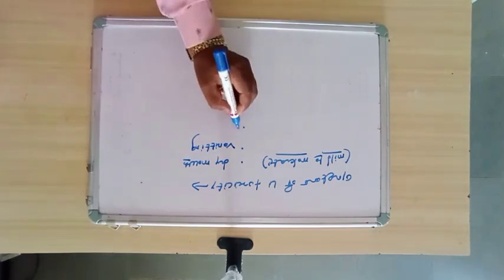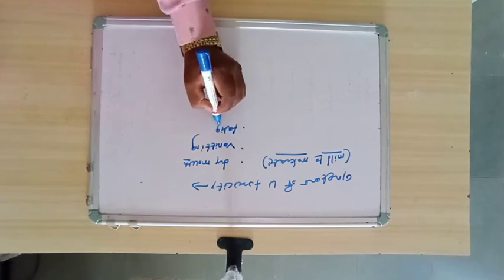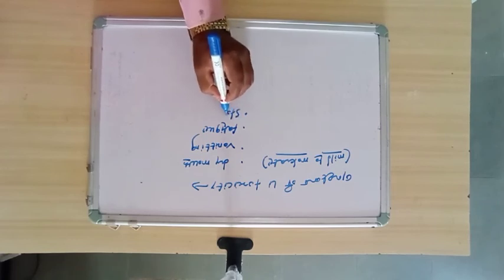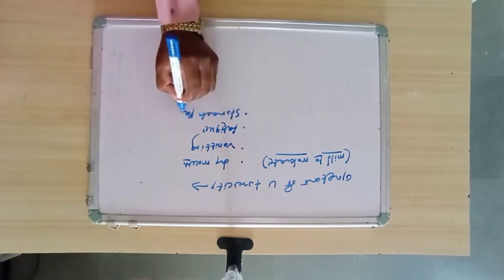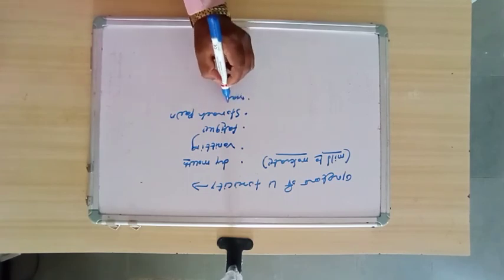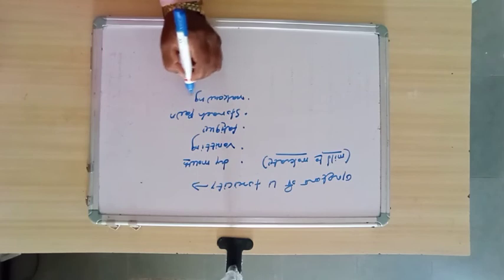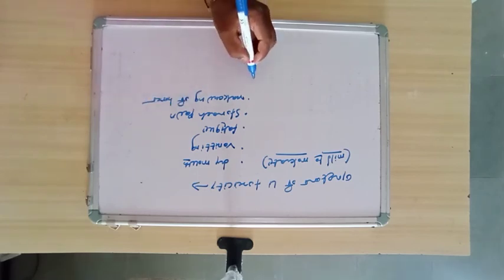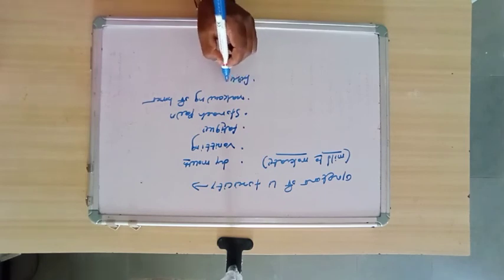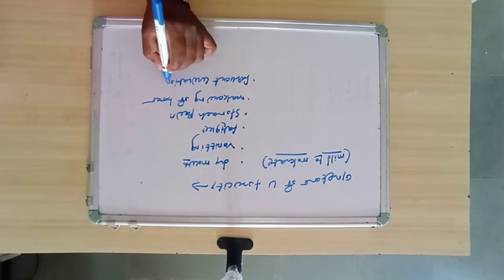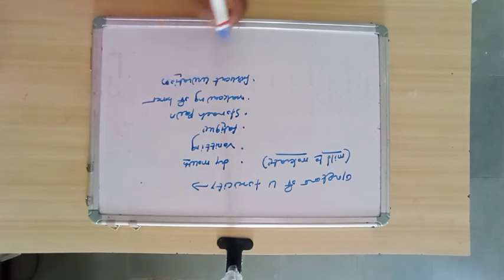Then fatigue, tiredness. Then stomach pain. Then weakening of bones, then frequent urination, because lithium is removed from the body through urine.